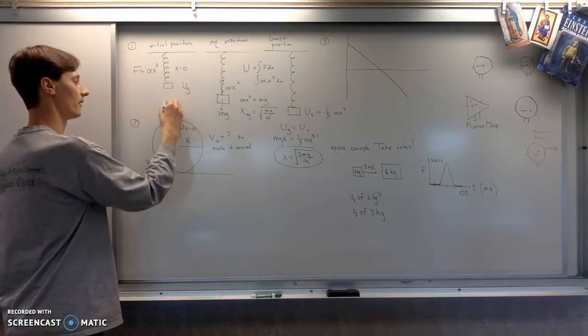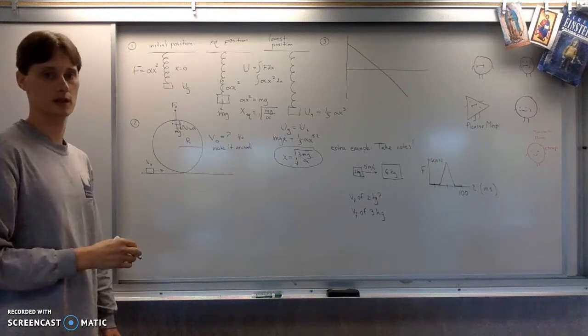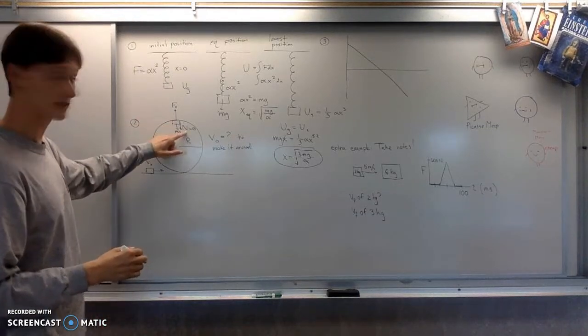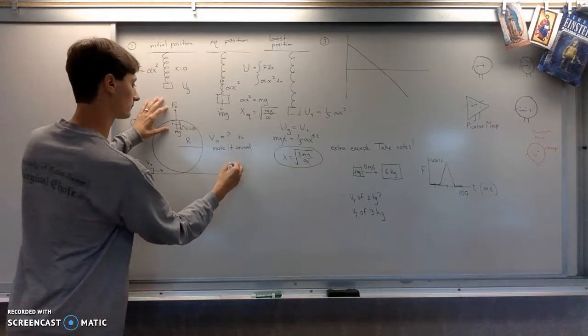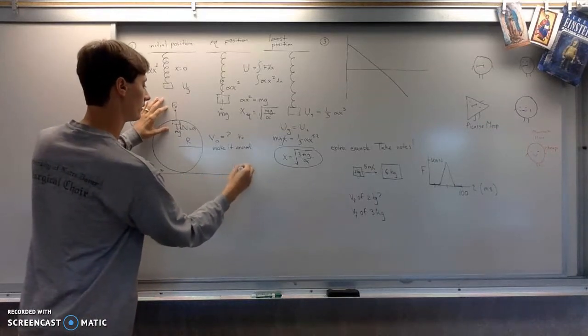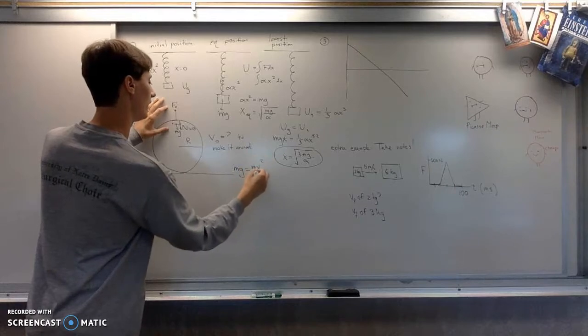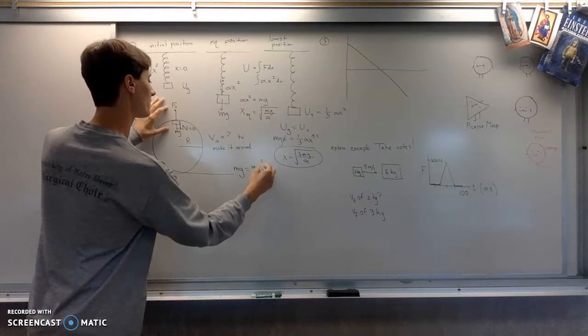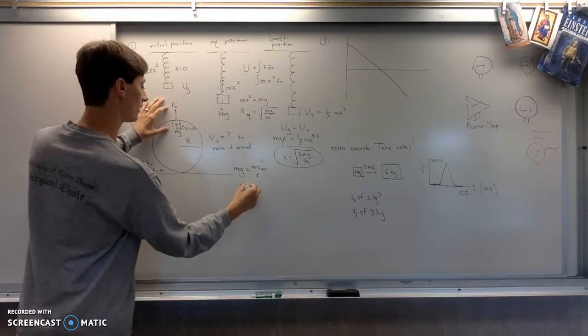And then centrifugal force. All right. So since there is no normal force at the top, that means these two are equal at the top. And then that means that the minimum speed at the top is root GR.